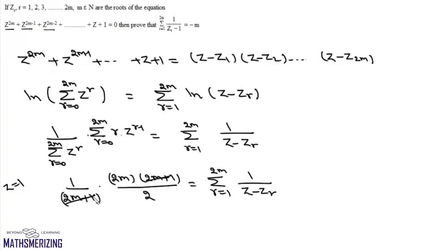Now this 2m plus 1 will cancel, this 2 will also cancel. Now we'll take this minus common from the right hand side and we'll take it on the left hand side. So we can write this summation R varies from 1 to 2m 1 upon ZR minus 1. Here this Z, it should be 1. It will be equal to minus m, and which is what we need to prove.